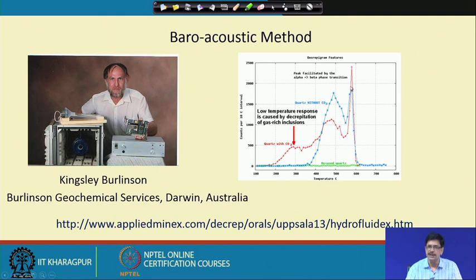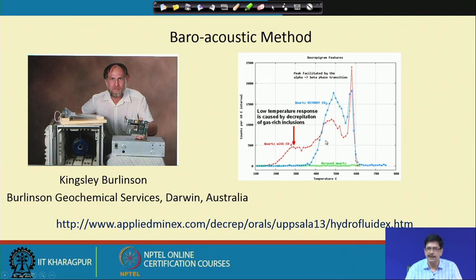These peaks essentially indicate the temperature at which the majority of the inclusions decrepitate or burst because of increasing temperature. As you all know from the fundamental idea we had about fluid inclusion types, aqueous carbonic inclusions, when heated, build up high internal pressure exceeding the yield strength of the host mineral, and they decrepitate or burst. The sound produced by this decrepitation is amplified and recorded in what is called a decrepitogram.